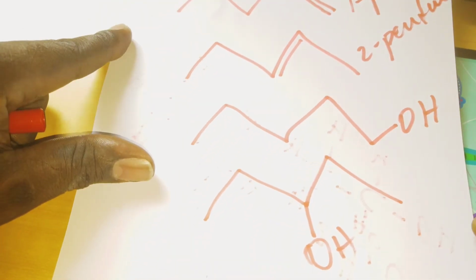I've changed the position of the OH from position 1 to position 3. This is 1-pentanol, this is 3-pentanol. And I could have put it right here on 2 as well to make 2-pentanol. So that's your positional isomers. So you have branched isomers, you have functional group isomers, you have positional isomers.